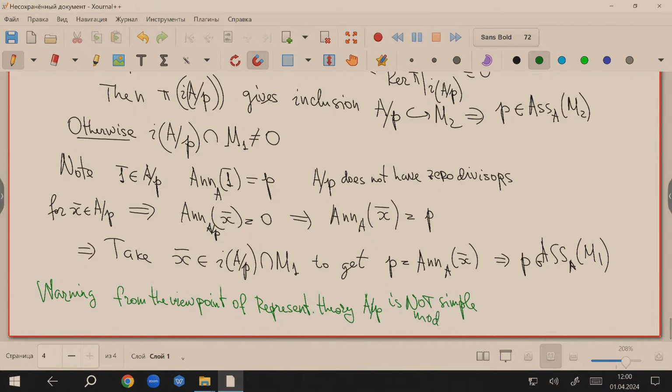Since if you take M inside P, a maximal ideal, this implies that M mod P is a submodule in A mod P. So you see that A mod P can be simple if and only if P is maximal, and in this case A mod P is a field.